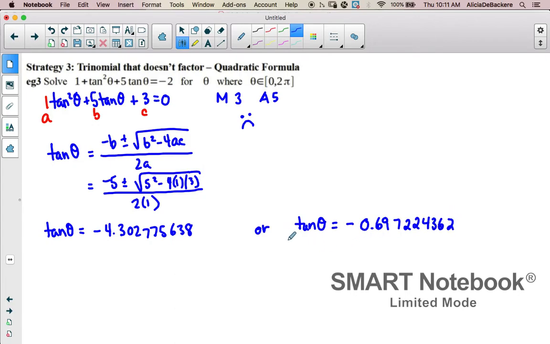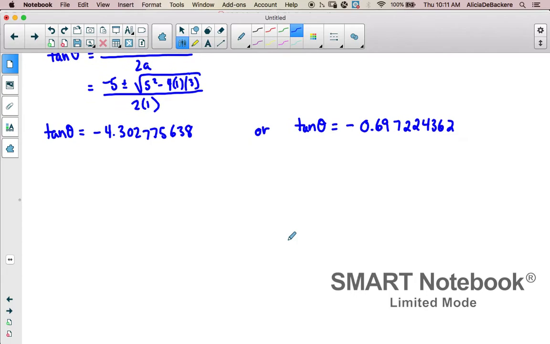Okay, so what do I do with this? Well, both of these ratios are going to help me find my beta. So again, I'm thinking about the fact that there are two possible answers. If the tan ratio is a negative number, there's going to be an answer in the S quadrant and an answer in the C quadrant. So I want to find the beta angle.